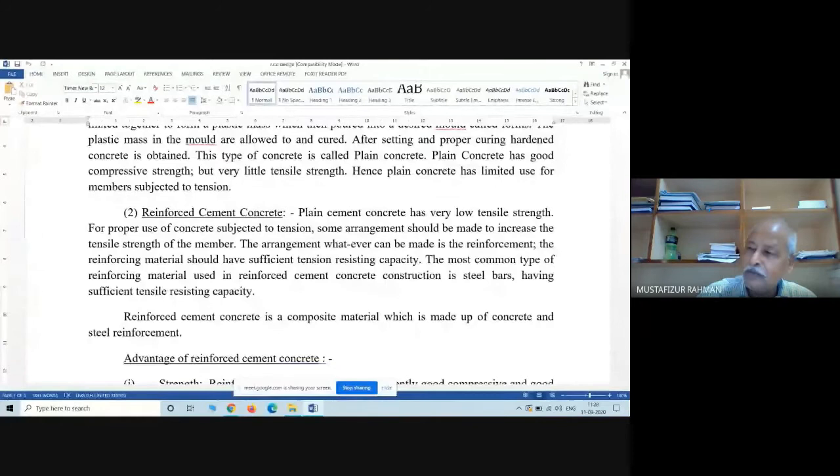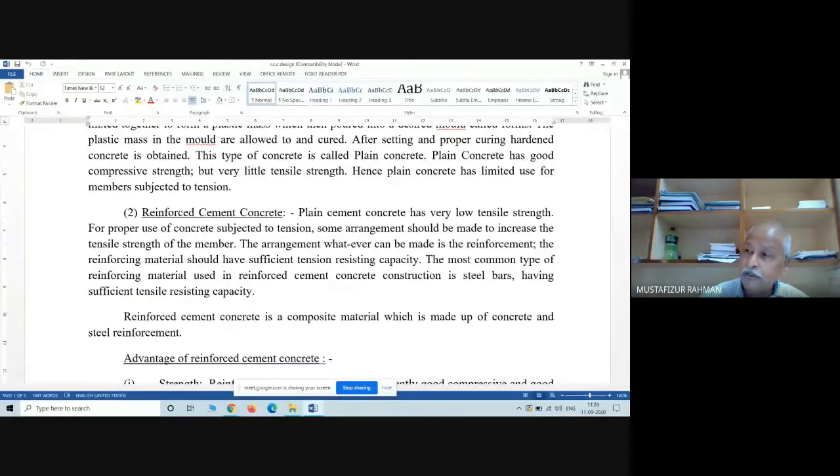So 3 Newton per millimeter square is useless. Whatever stress is induced, using the expression M by I is equal to f by y is equal to E by R, will be tremendously high, and that stress is to be resisted by the concrete.